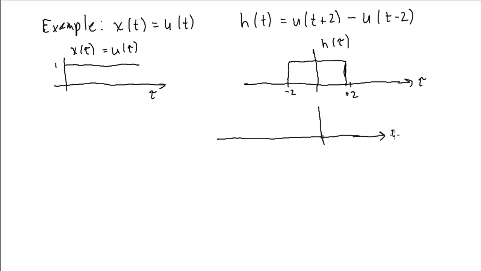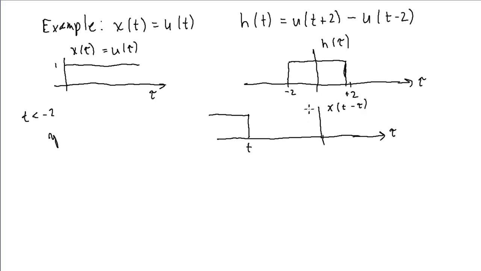So what that would look like, again, time reverse this, and then the origin is shifted to t. So I'm going to show it for the case here where t is less than minus 2 so that there's no overlap. So in that particular case, for t less than minus 2, there's no non-zero overlap between h of tau and x of t minus tau.